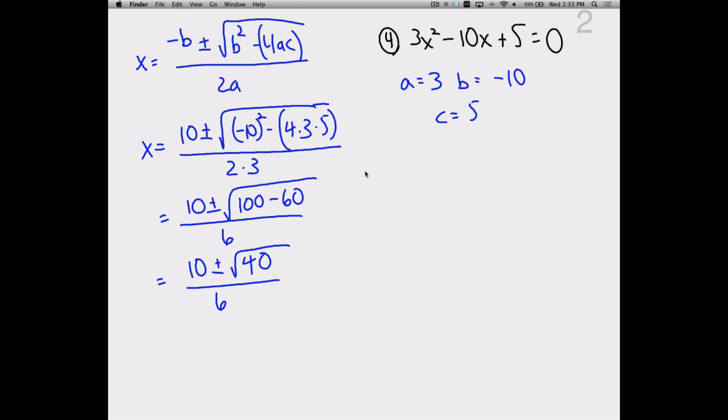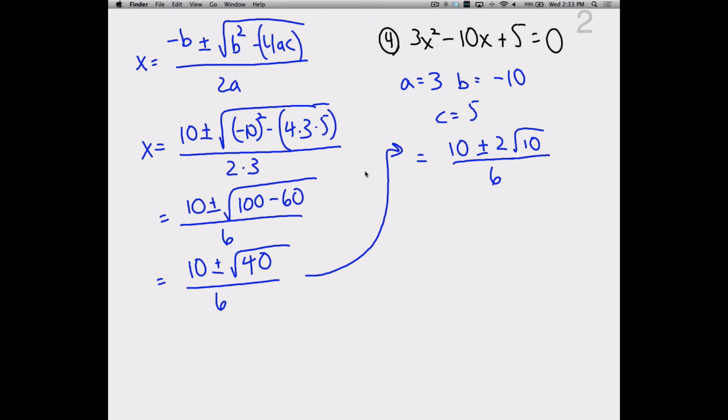Good. Let's bring this up here so we can all see it. Equals 10 plus or minus 2 square roots of 10 over 6. Do not cancel these numbers.